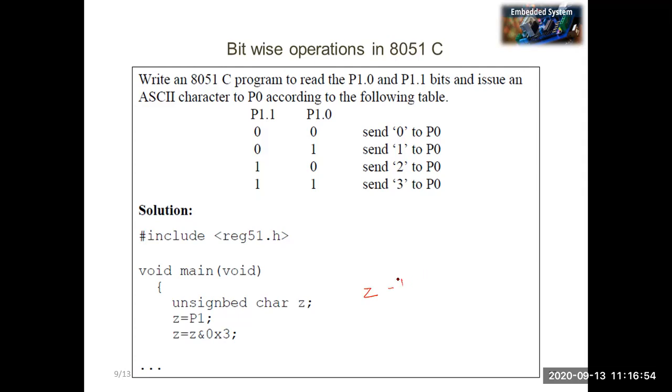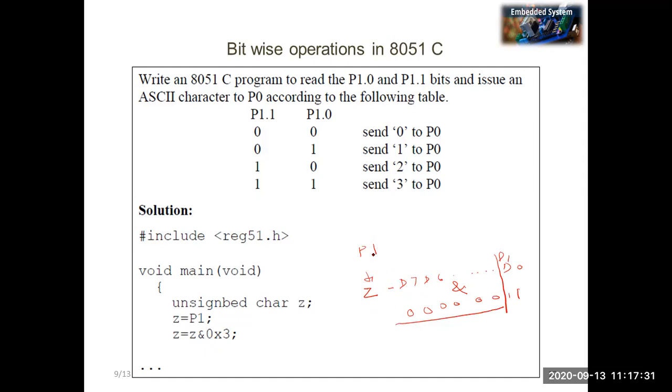So d7 d6 up to d0 bits are in z, and z मध्ये मी काय रीड करून घेतलेला आहे, port 1 मधला डेटा. Okay, so I am ANDing this data with 0x3, means 0 0 0 0 0 0 1 1. ओके, म्हणजेच काय, मी फक्त हे d0 आणि d1 बिट्स, ओके, आय एम कीपिंग ॲज इट इज अँड आय एम मास्किंग रिमेनिंग बिट्स.